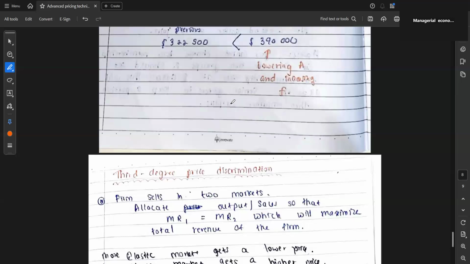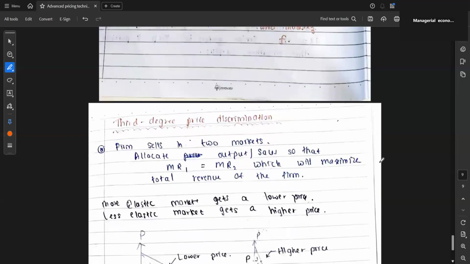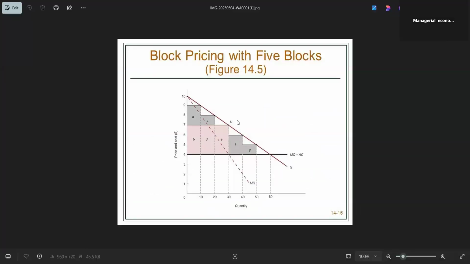So here it is, block pricing with 5 blocks. It's not capturing all the consumer surplus, but you have the ability to capture most of it with this strategy.